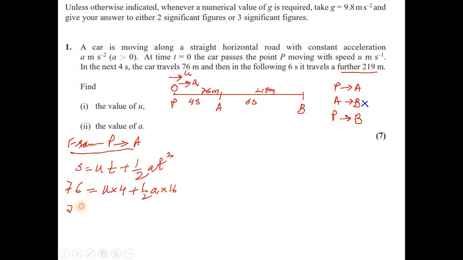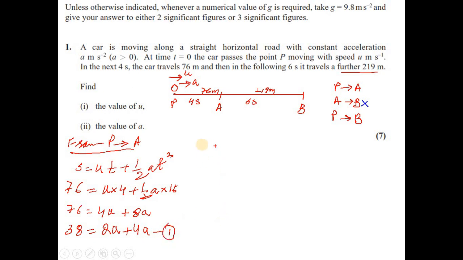So 76 is equal to 4u plus 8a, and then you can take 2 common from this equation to simplify it. So it will be 38 is equal to 2u plus 4a. This is your equation number 1.